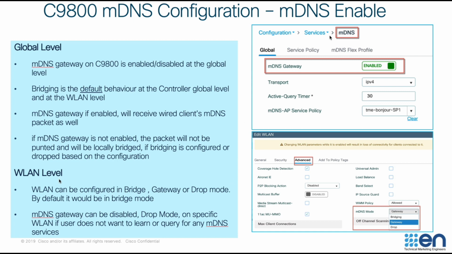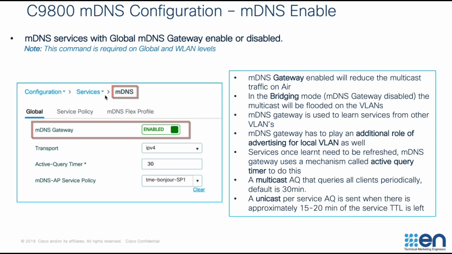Same thing goes for the WLAN. If it's not enabled, it's going to be just in bridge mode. And you can also set up a drop mode on the WLAN level. These are just the primary configuration steps, and we'll go into detail and show you how to configure and enable these services.